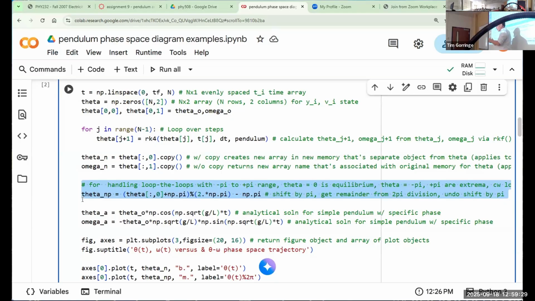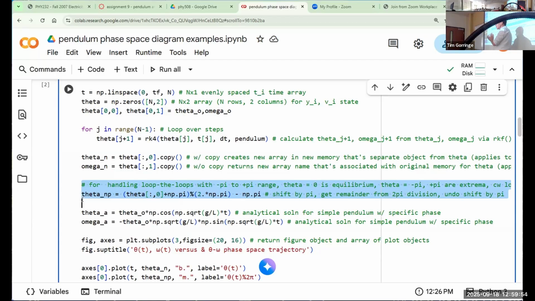Suppose we kept getting the loops in the counterclockwise or clockwise direction; every time we loop over the loop, that's completing 2 pi. We'd be incrementing or decrementing theta in units of 2 pi as we loop the loop.